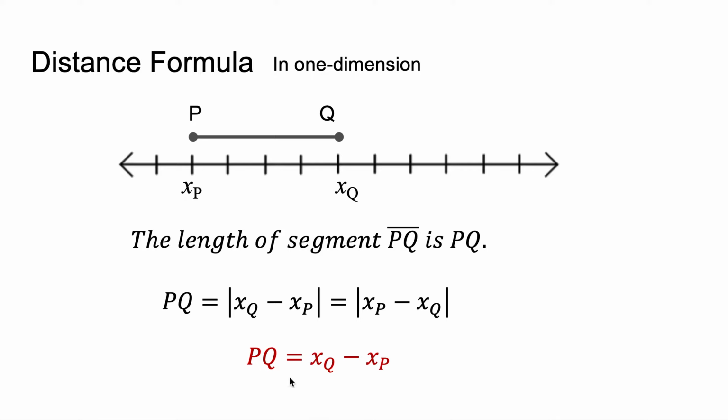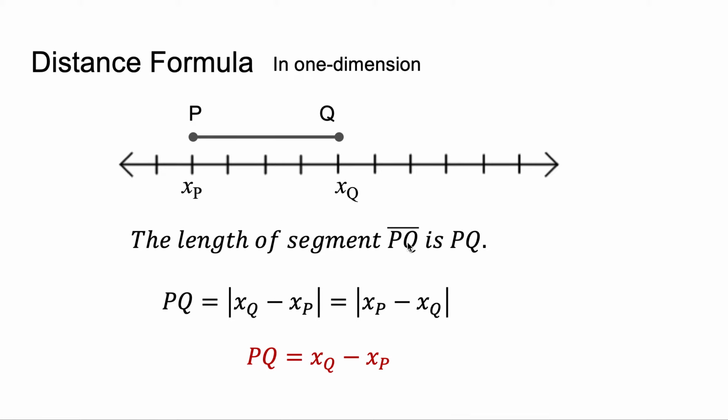Mostly if you just remember that it's the one on the right minus the one on the left, it'll always be positive and you'll always have a length. They get you to remember these absolute values because sometimes when you've got a weird orientation or in 2 and 3 dimensions, maybe it makes sense to do the easiest numbers first so the absolute value works, but it is what it is.